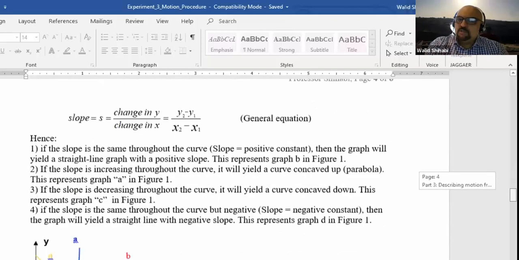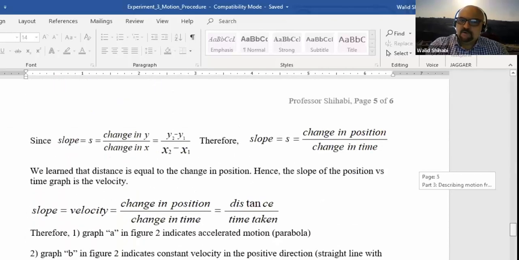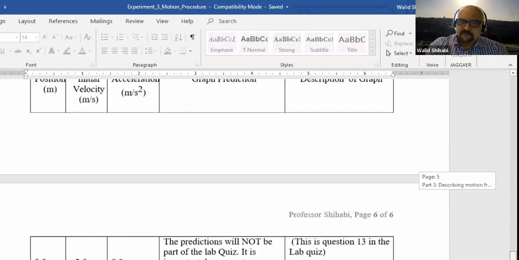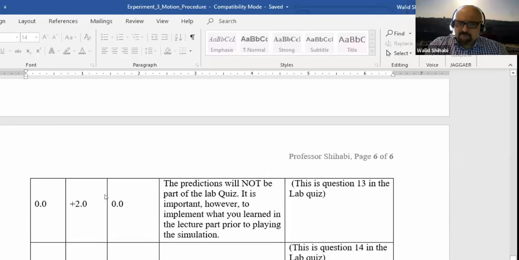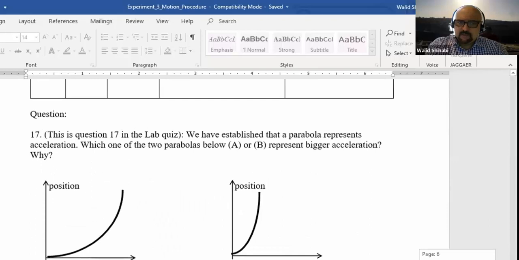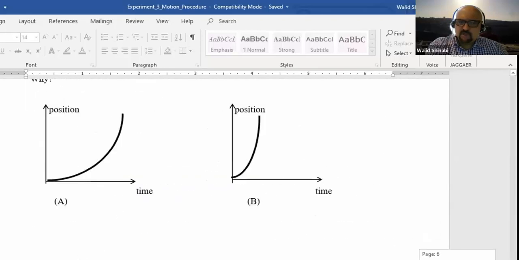And also whether you are going to get a parabola or a curve concave down. So here, this is table 3. You'll be describing the graph you'll get. So it's the same or similar questions, but it's about the graph you'll get. Okay. And then after each table, you'll have several questions to answer.